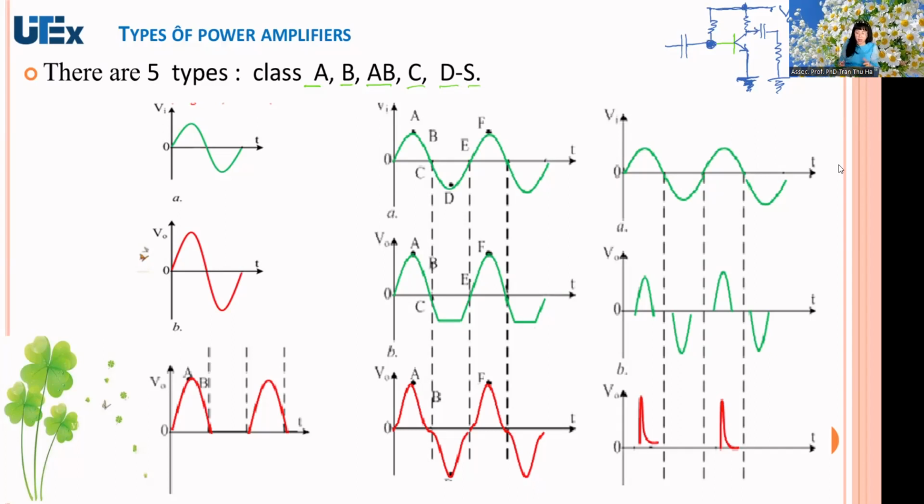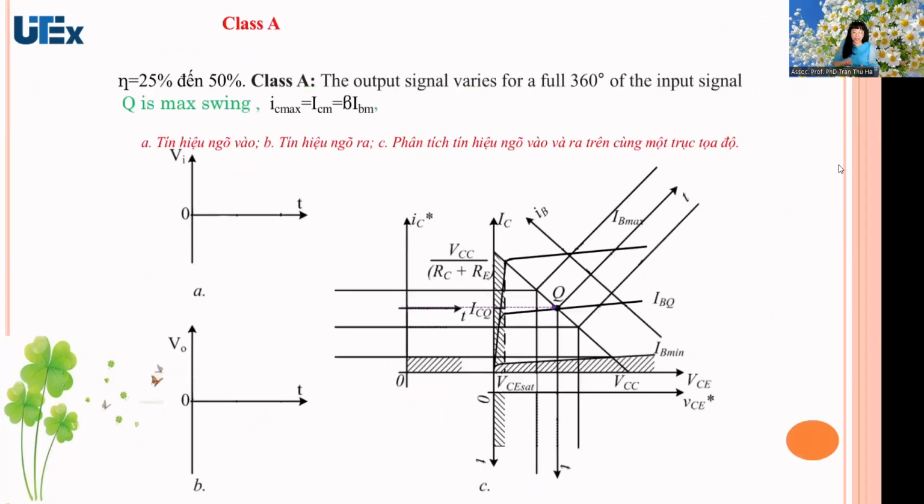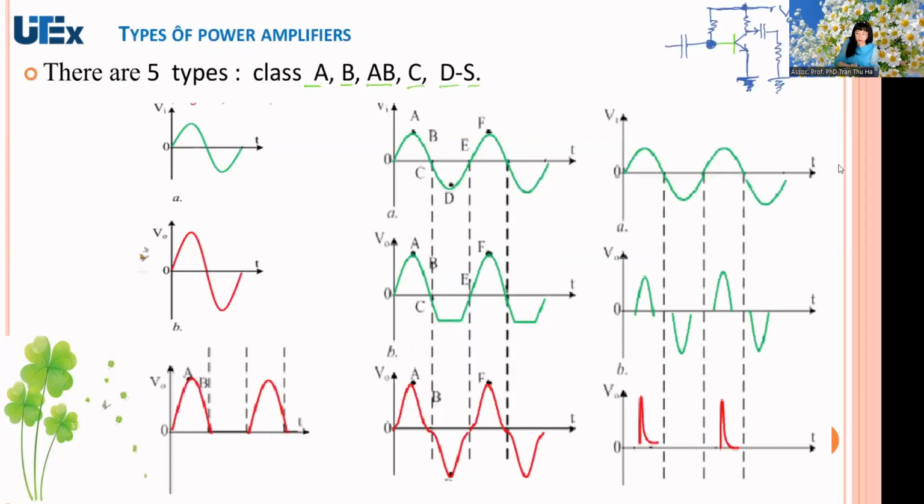They classify, look here, the class A. What is class A? Class A. Please draw, follow me. This is class A. This is the V out. It has the full waveform, no distortion.